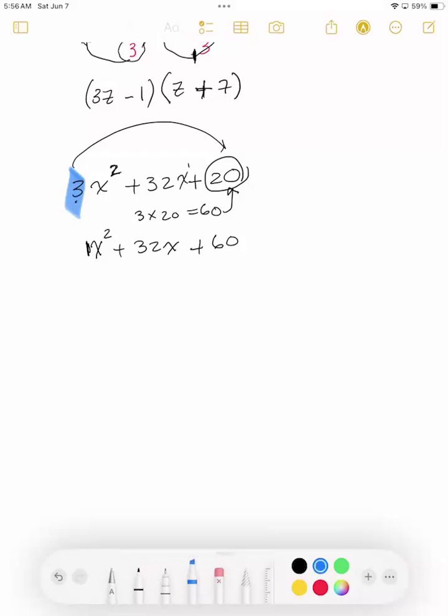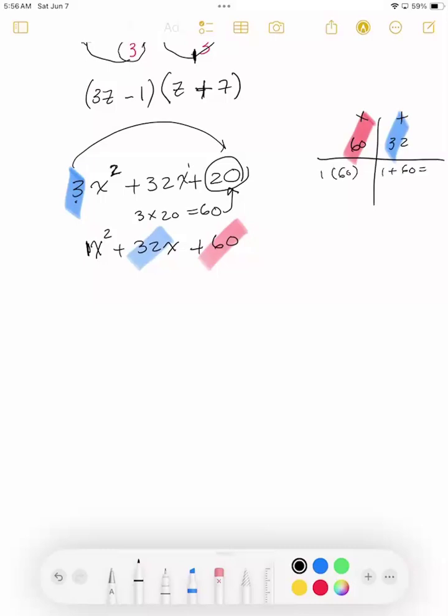You say, I want to get two numbers that multiply to give me 60, and when I add, I get 32. So to get 60, the numbers are 1 times 60. But by now, you should be fast. 1 and 60 is 61. You could get -1 and -60, because negative times negative is positive, and if you add, you get -61.